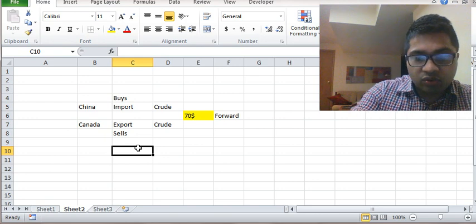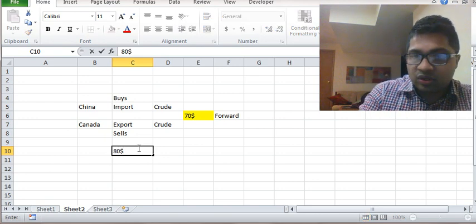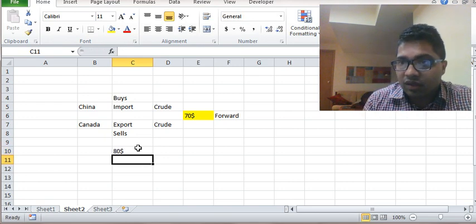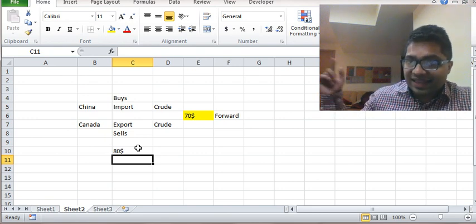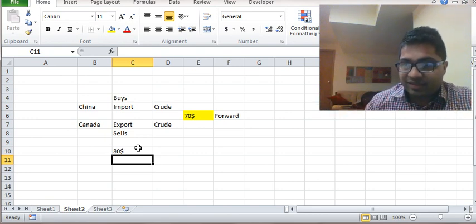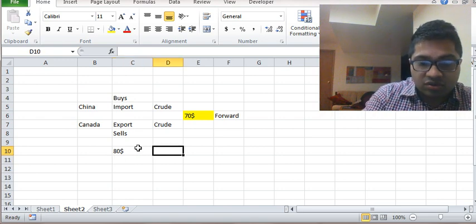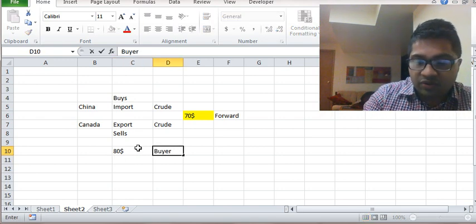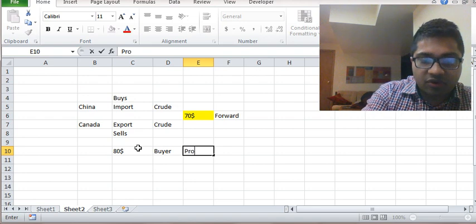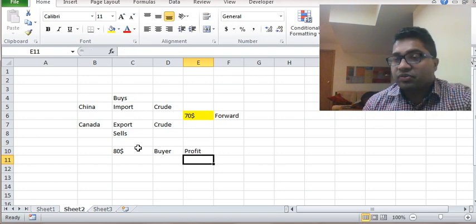Now, if crude goes to $80, what would happen? Everyone else is trading crude at 80, but China, because it has a contract with Canada, can buy crude at 70. So China becomes profitable. So the buyer of a forward gets profit if the price goes up.